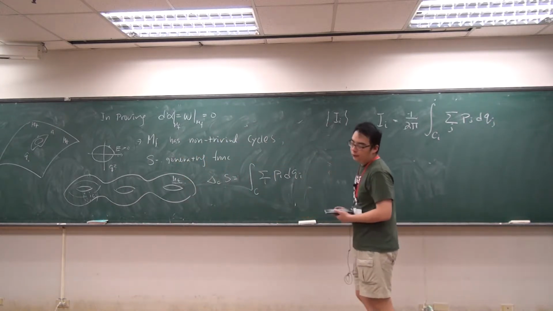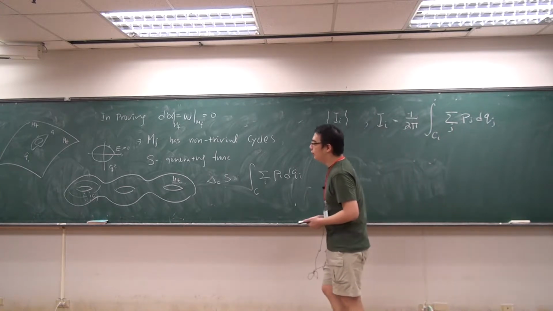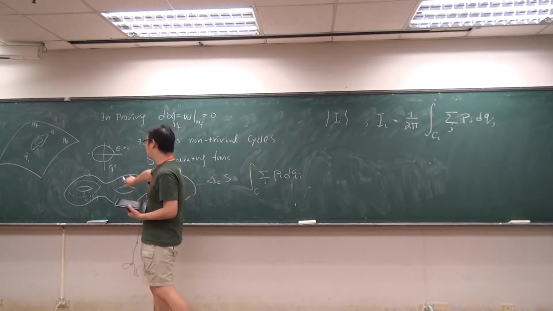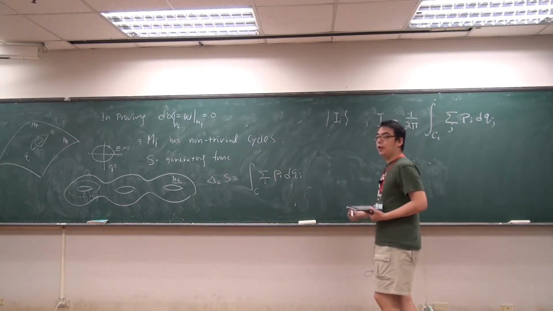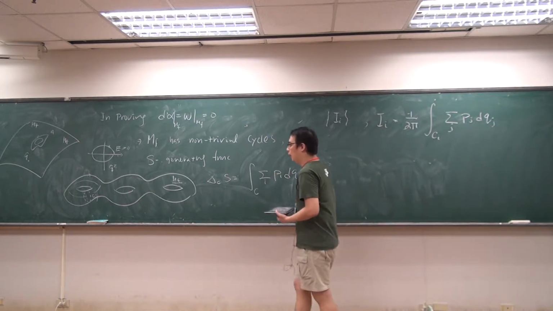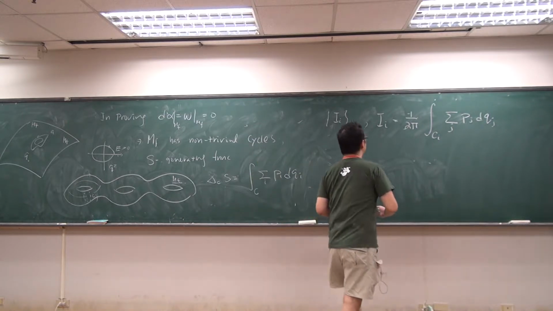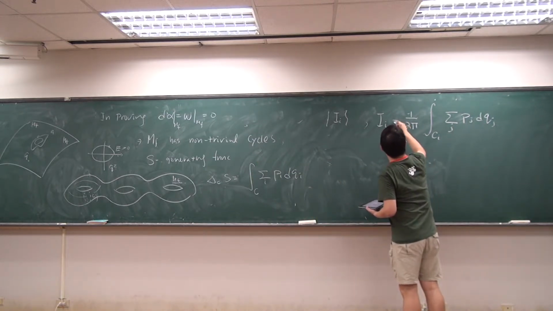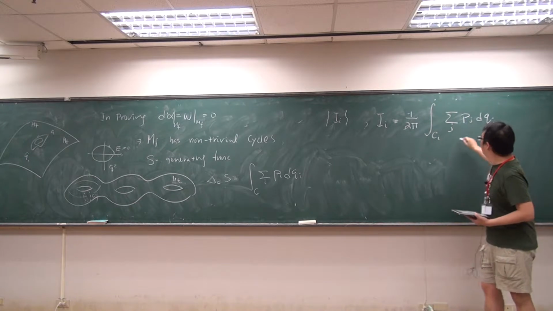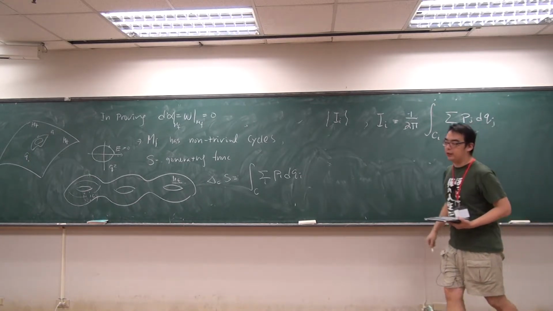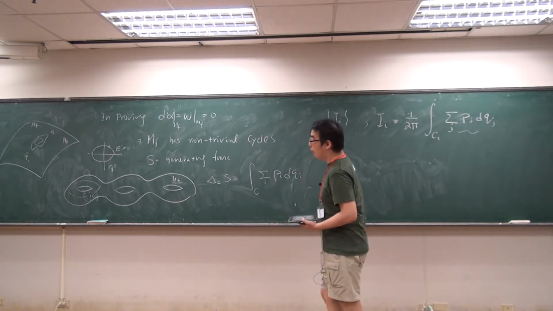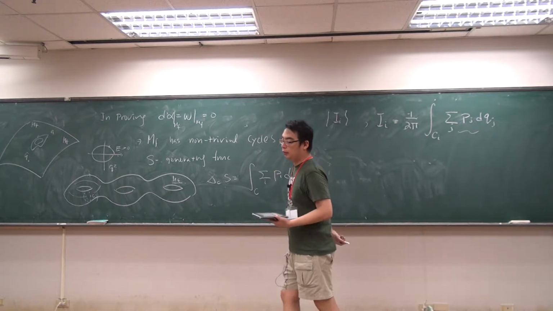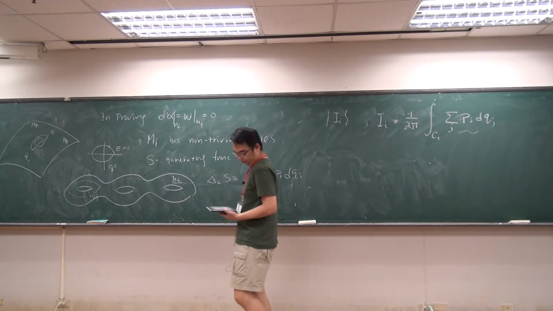For those of you who did the math, you should really think about this as a Riemann surface, and you are integrating over different A cycles and B cycles. And if you want the Y type encoding, the P dQ_J here are really a kind of meromorphic one-form on your Riemann surface.